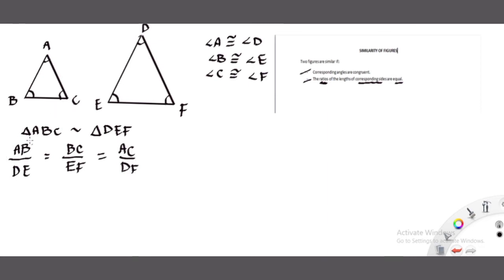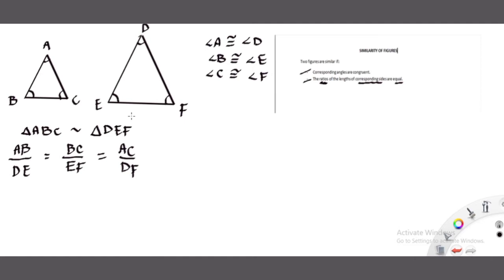And itong combination ng first and last ratio, we can have here AB over DE is equal to AC over DF. Alright? And itong mga to ay makakatulong sa atin. These equations will help us to solve for the missing sides or the missing parts of different similar figures.